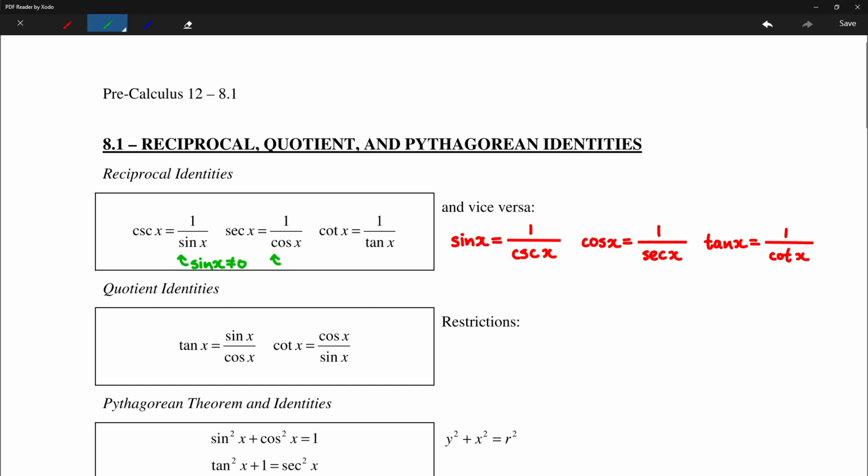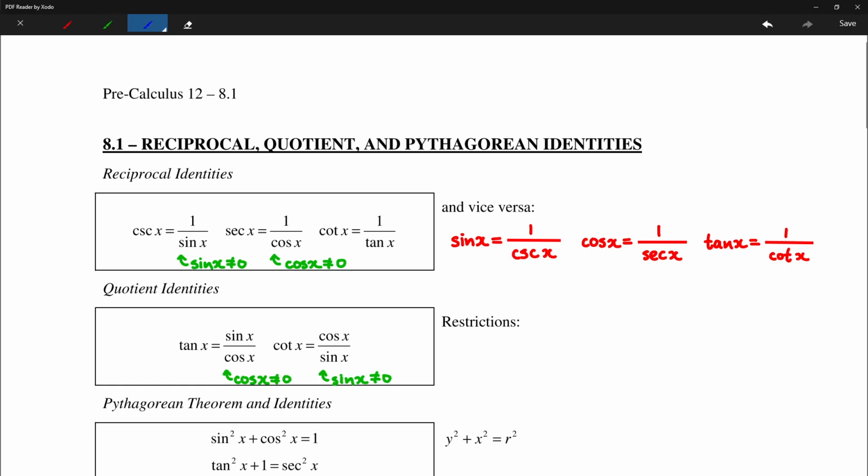Same thing here, as cosine x cannot be equal to 0. And generally, the restriction just boils down to those two. So again, tangent x is equal to sine x over cosine x, so of course cosine x cannot be 0 here. And for cotangent x, that is cosine x divided by sine x, and here sine x cannot be equal to 0.